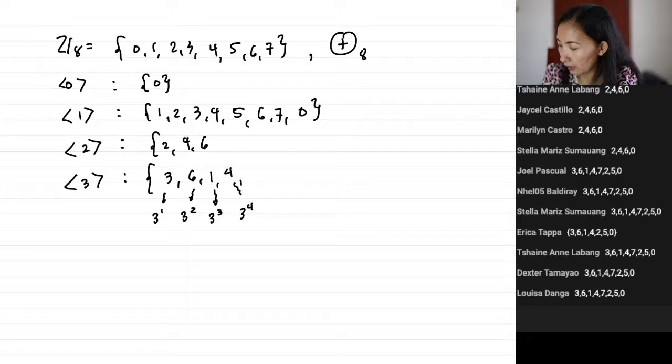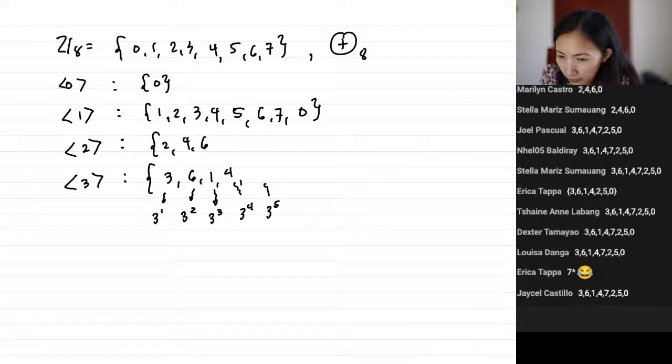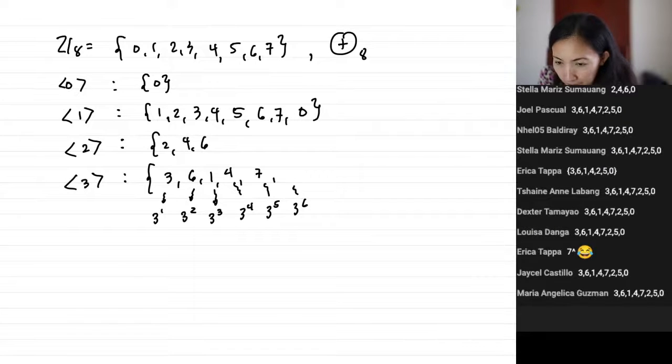And then we have 3 to the 5th, modulo 8. What's that? Okay, you're right. 3, 4, 7, tama. And then this is from 3 raised to 6. That's 18. 18 modulo 8 is, because that's 18 minus 16, is 2.